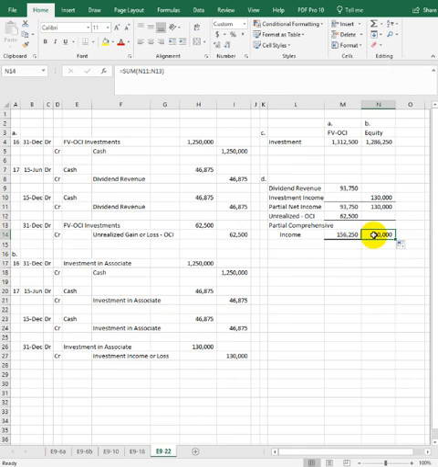the $130,000 represents our share of the income of the associate, and of course they paid us a couple of dividends, which reduces the amount of the investment account, so that's recorded in the balance sheet effect up here.